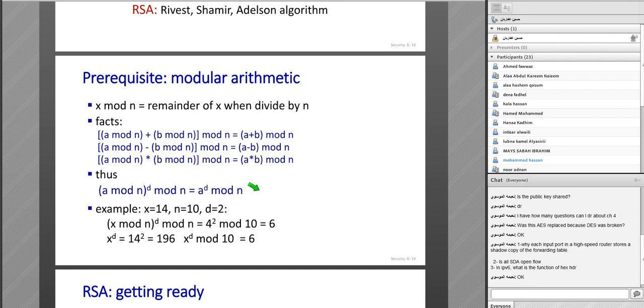Question number 2 is about SDA and OpenFlow. What do you mean by SDA?